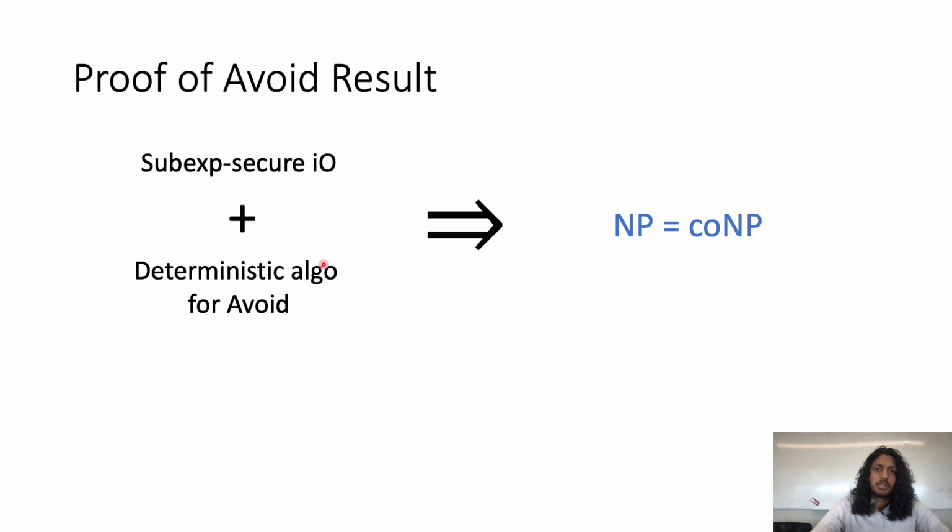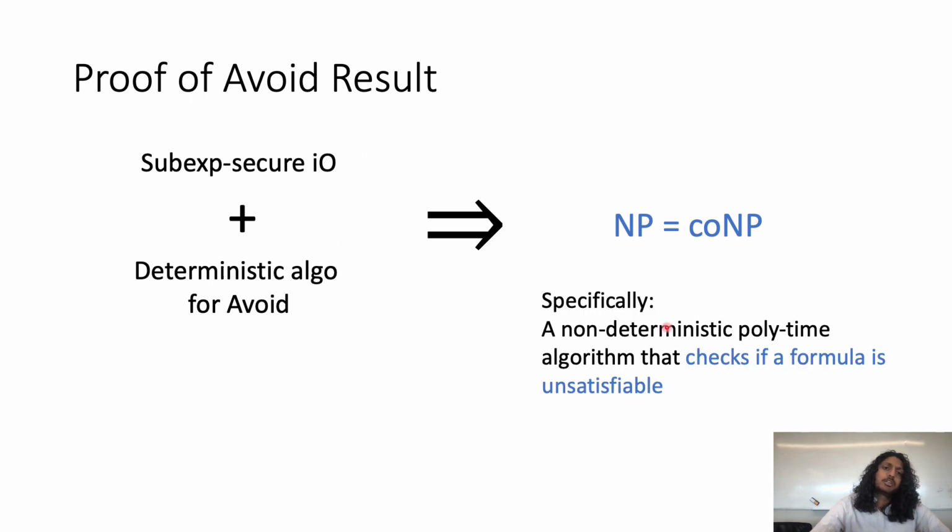And actually, I'll show you what the reduction is. In particular, we'll show that there is a non-deterministic polynomial time algorithm that will check if a formula is unsatisfiable. And we'll show that NP is equal to co-NP. So what does that algorithm look like? The algorithm, I called it reduction here, will work as follows.